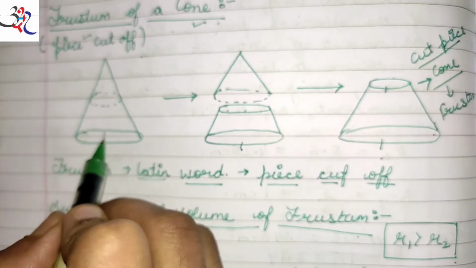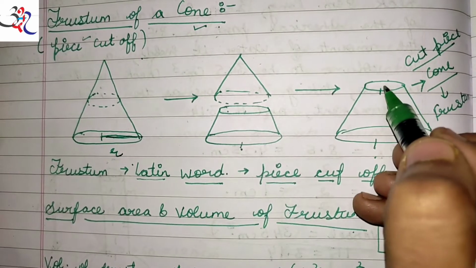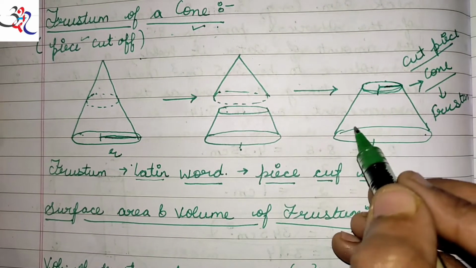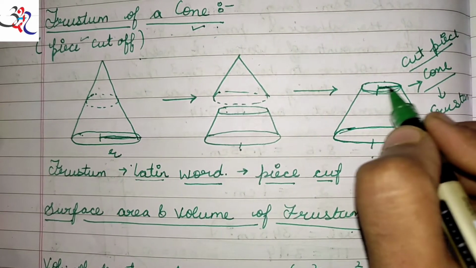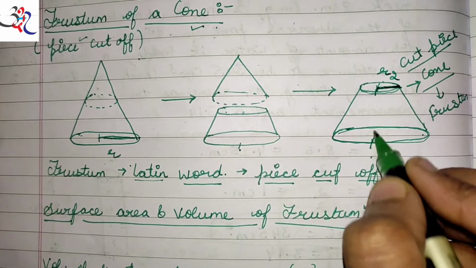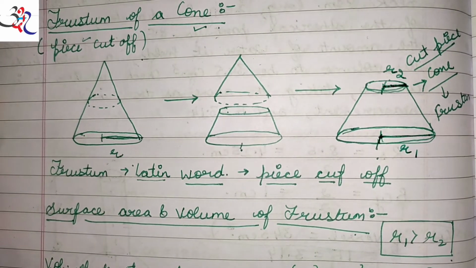When we had a cone, there was only one radius, called r. But in the case of a frustum, there are two circular parts with different radii. The smaller radius will be called r2 and the bigger radius will be called r1.